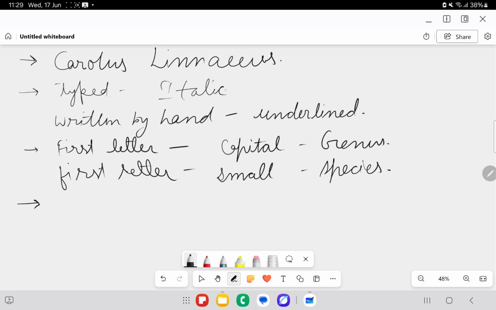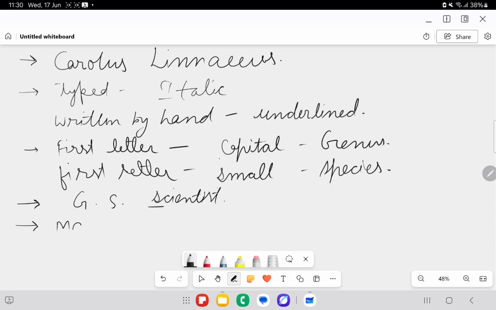We have already discussed that it should be underlined, the genus letter should be capitalized, and the species first letter should be small. At the end of the genus and species, we write the abbreviated form of the name of the scientist who discovered the species and gave the name. These are some rules to write the scientific name.